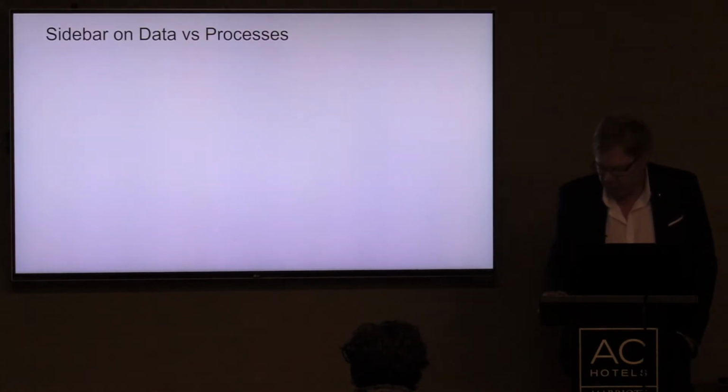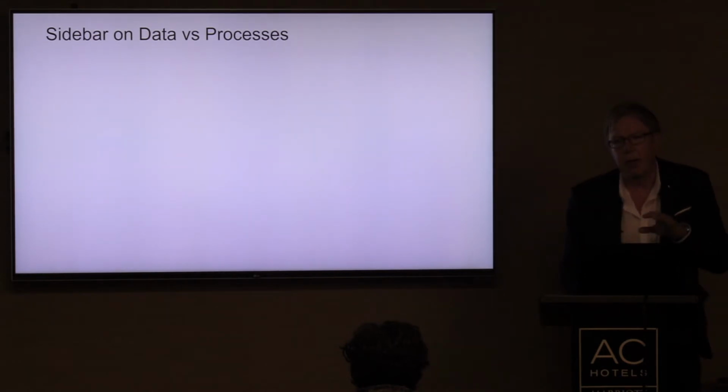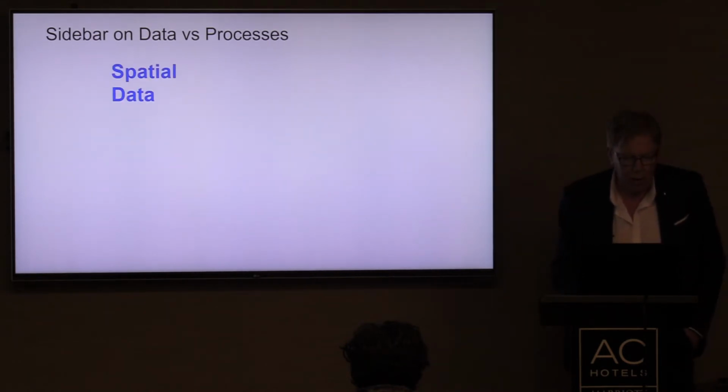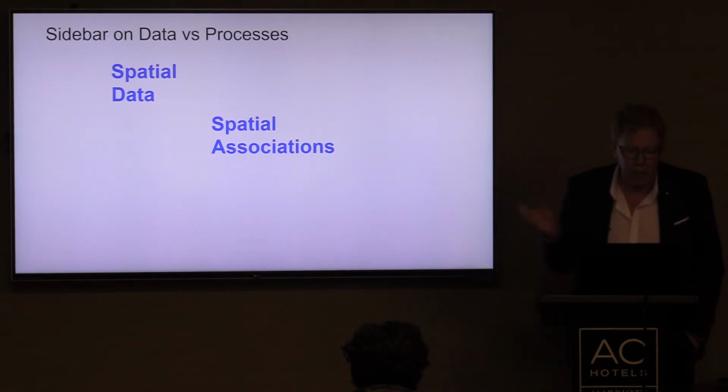Now, just a quick sidebar on data versus processes, because again, this touches upon, I think, some of the discussion we had this morning. Basically, out there are spatial data which we can measure. And from these data, we can measure certain types of associations.